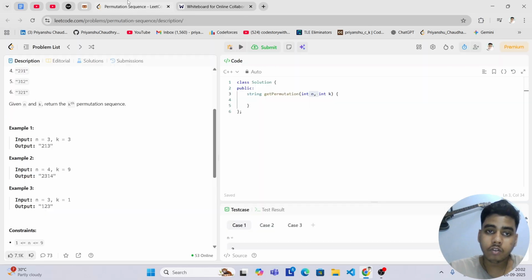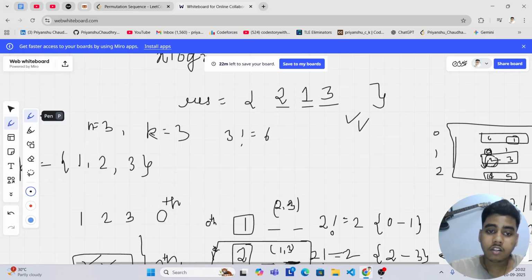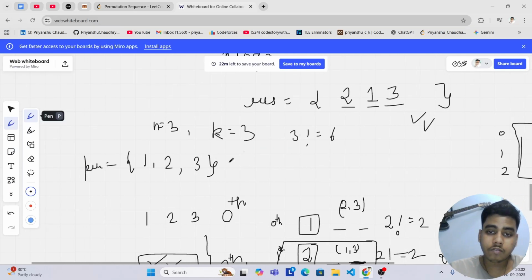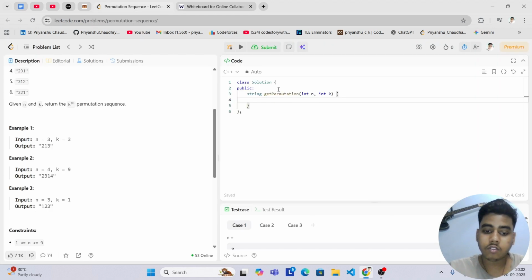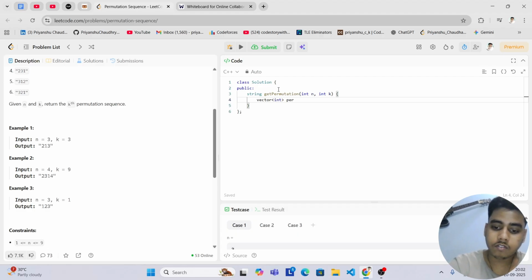So now if I go and implement this problem, first of all, what I was doing, I was storing a permutation array. So first of all I will create this permutation array. How can I create the permutation array? I can use a vector. Alright, so I'm creating a vector.